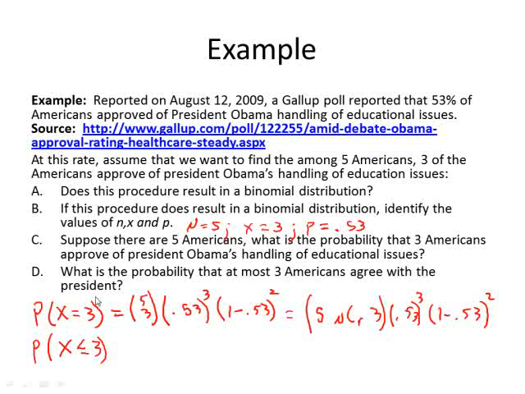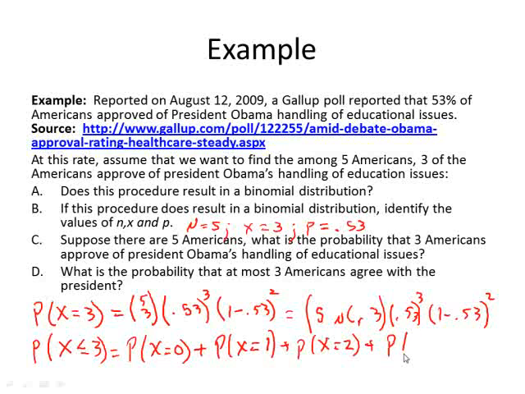Now remember from our previous discussion, the probability that x is less than or equal to 3 means the probability that x is equal to 0, or the probability that x is equal to 1, or the probability that x is equal to 2, or the probability that x is equal to 3.